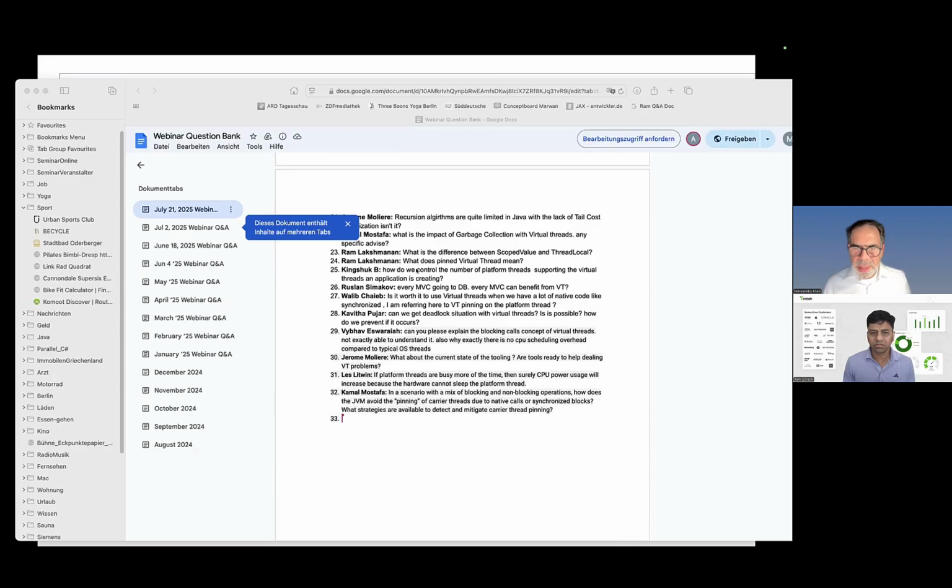What does pinned virtual thread mean? That is a very nice question. When virtual threads were introduced with Java 21, at first as preview, or 23 as an official feature, they had an interesting drawback. Their core feature is to release the underlying platform thread once they hit a blocking call.